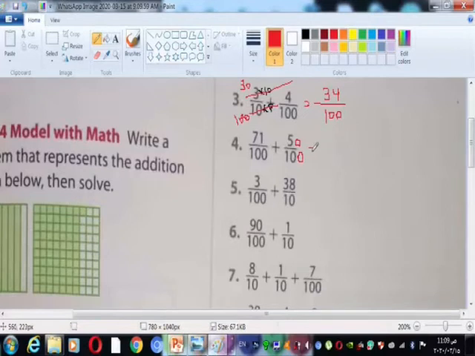Finally, you can add them together easily. 71 plus 50 will be 121, and this will be 100.